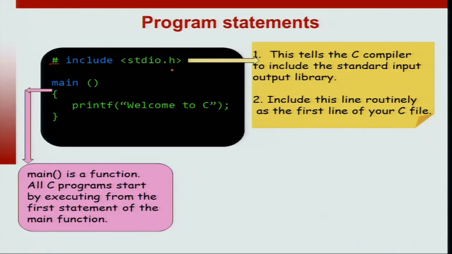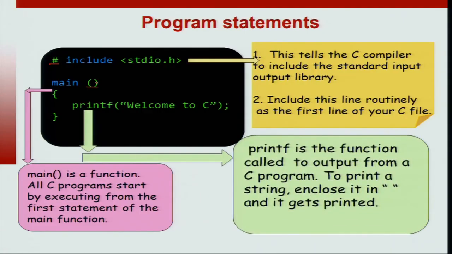Now, if we look at the second line, we have a function called main, and again note the parentheses here, which are also part of the syntax. So, main is a function. All C programs start by executing the main function, and it starts from the first statement of the main function. Now, what does the main function have? It has a single line which says printf("welcome to C"). So, printf is the function called to output from a C program. To print a particular message, you enclose it in double quotes.